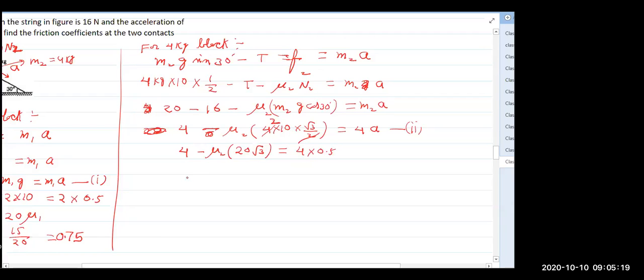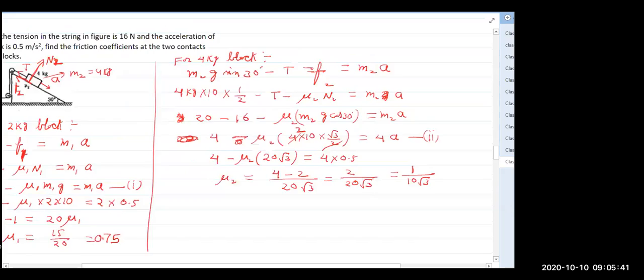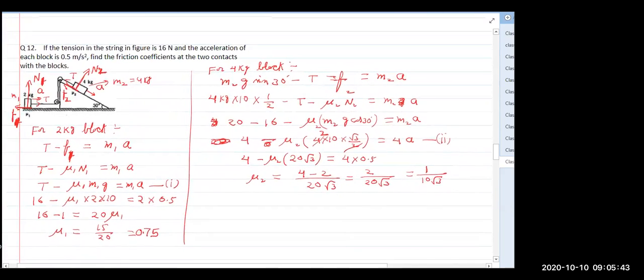Okay, so mu2 is 4 minus 2 divided by 20 root 3. Okay, so that is 2 by 20 root 3, 1 by 10 root 3. So this will be the coefficient of friction for the second one. Okay, mu2. So in this way we have to find.